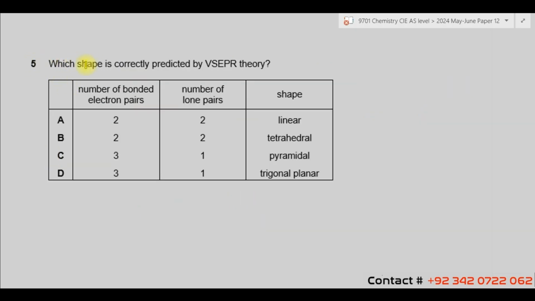Question 5. Which shape is correctly predicted by valence shell electron pair repulsion theory? We have to find number of bonded electron pairs, number of lone pairs and shape. So let's do it by the help of some examples. Let's suppose we have CO2. CO2 is linear.